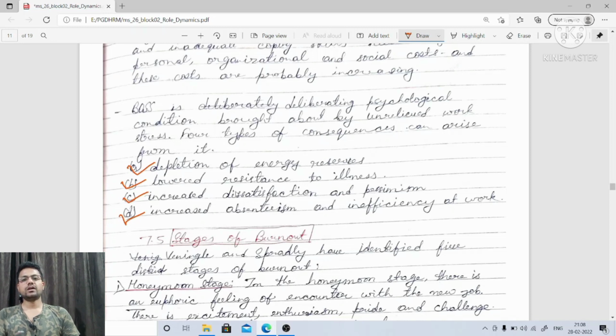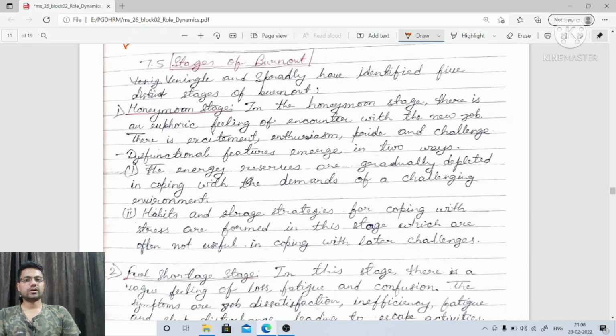So these are the consequences of burnout stress syndrome, a psychological condition brought about by unrelieved work stress.